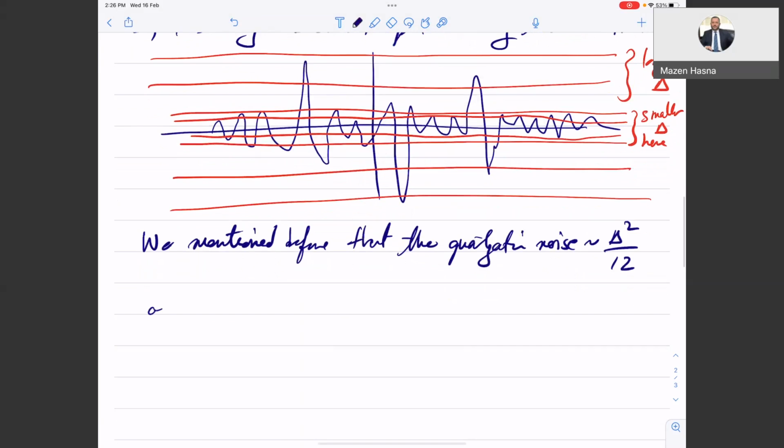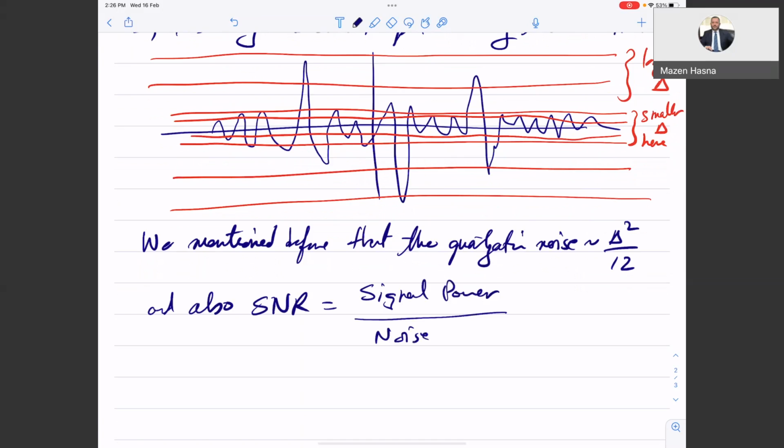And also, signal to noise ratio is what? So signal power over noise power, which is delta square over 12.